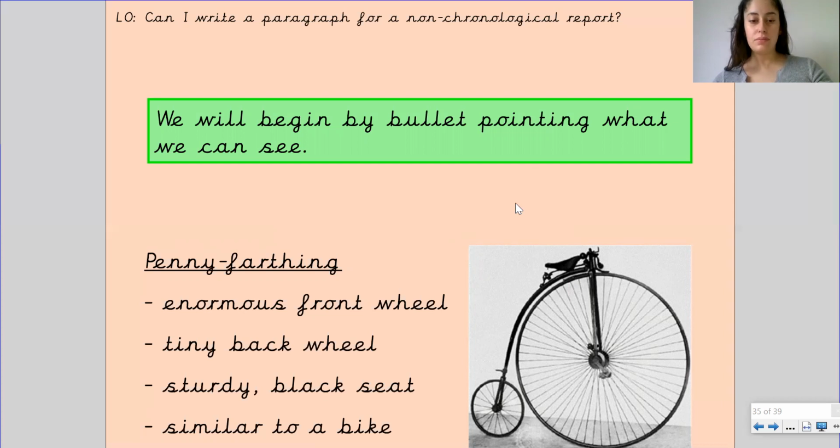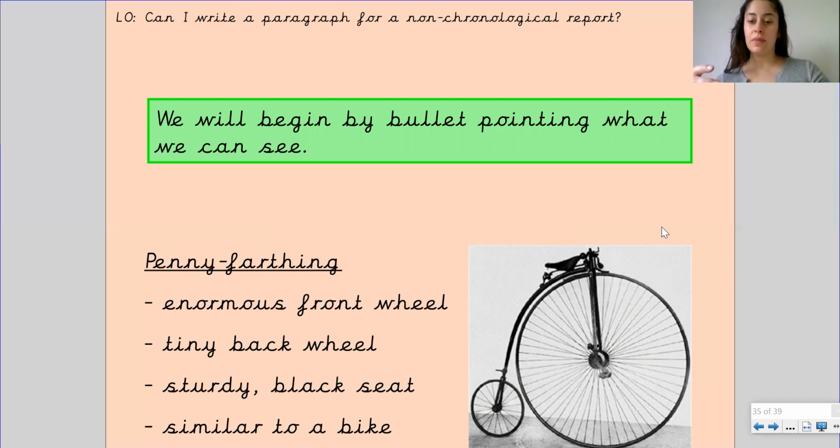Okay, so as we can see, the penny farthing has an enormous front wheel. We didn't just say front wheel because we want to describe what the front wheel looks like, and it looks enormous compared to the back wheel. So it has an enormous front wheel and it has a tiny back wheel. The seat, we can see, looks black and it looks quite sturdy, it looks quite strong.